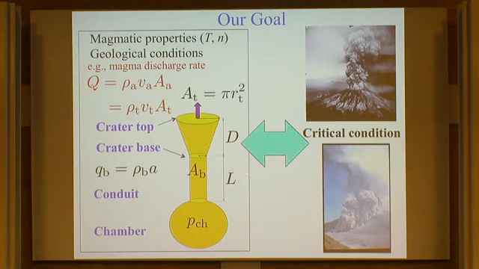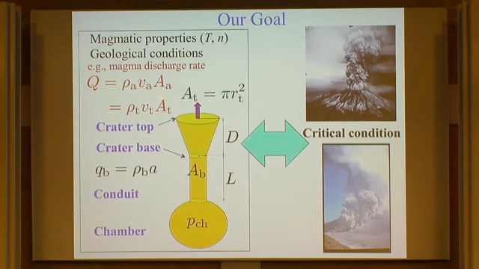And what is most important is what we call magma discharge rate from the viewpoint of volcanology. This is a very important quantity. This is mass of erupted magma per unit time.